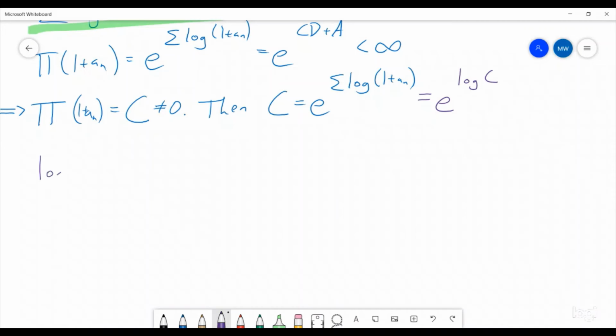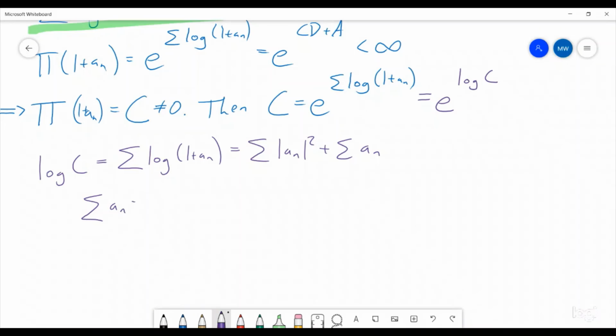That means the log of c equals the sum of the logs of 1 plus a sub n's, which is equal to the sum of the a sub n squareds plus the sum of the a sub n's. So the sum of a sub n's is equal to log c minus d, which is a finite number. In both cases, we were able to get a finite number, and so both directions work.